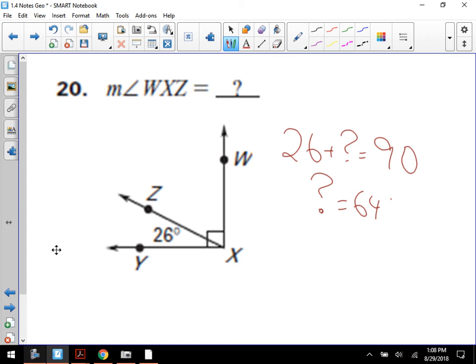What haven't we done with these yet? What haven't we done with this style problem yet? Equations, variables. Is it okay to use those? Yeah.